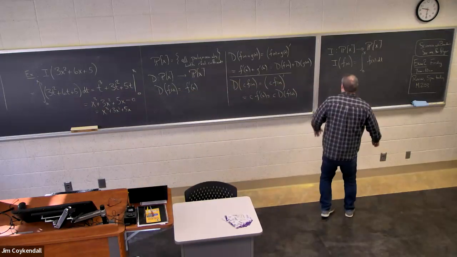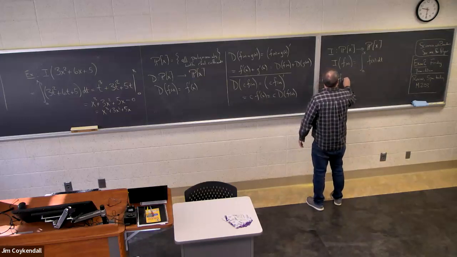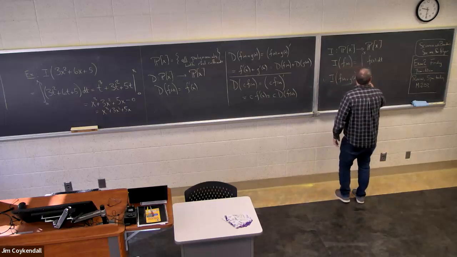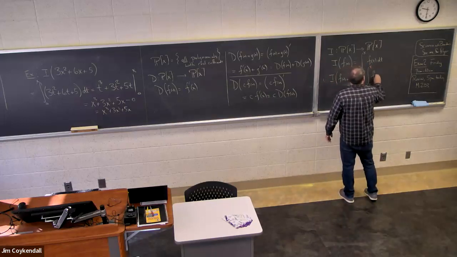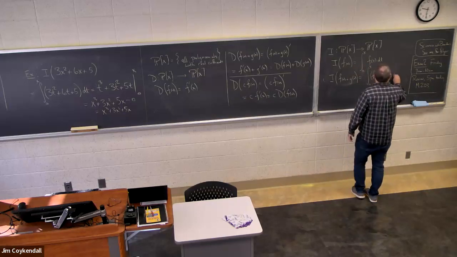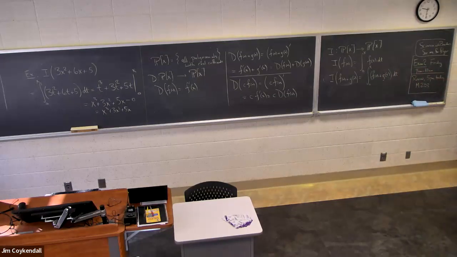So let's do our rules. This is the integral from 0 to x of f of t plus g of t. I don't know much, but what can I do with integrals? With them, I can split them up, right?